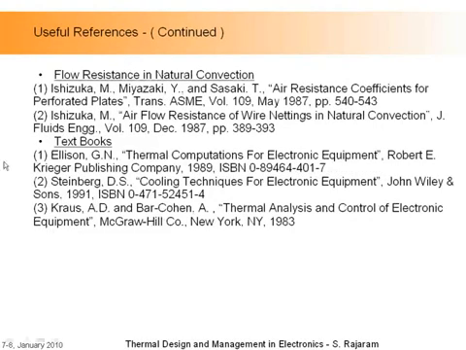And finally, there are books as well. There are 3 books that I would recommend: Ellison, Steinberg, and Krauss and Barkhorn. Krauss and Barkhorn is the classic book. It has a lot of theory, and I think from a fundamental point of view, it's the best. Ellison and Steinberg are both practicing engineers. They worked in the defense industry, so they have a lot of practical data.